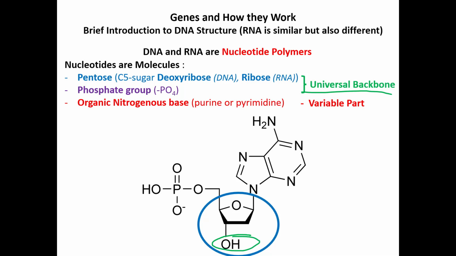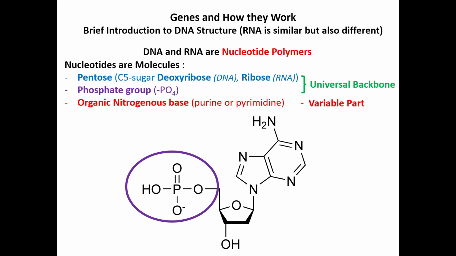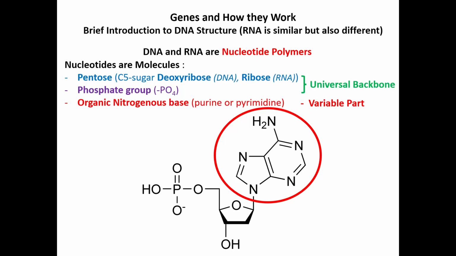And the other group that they all have in common is a phosphate group, shown here. And the third part in a nucleotide molecule is an organic nitrogenous base that is also attached to a carbon atom of the sugar molecule.